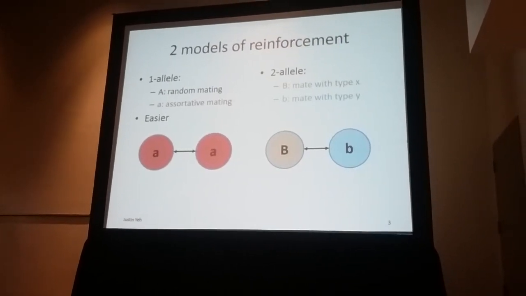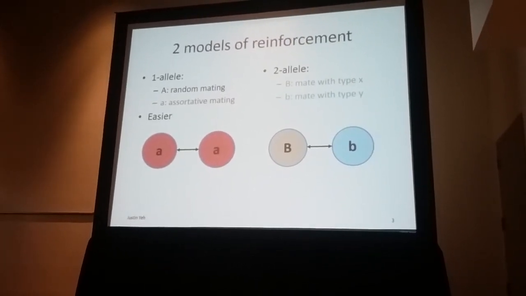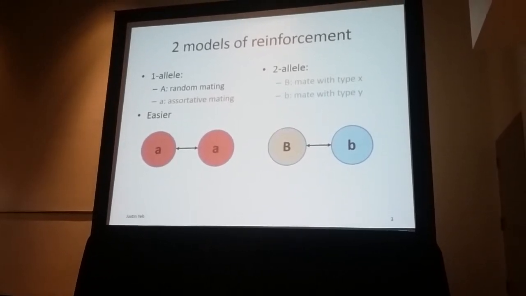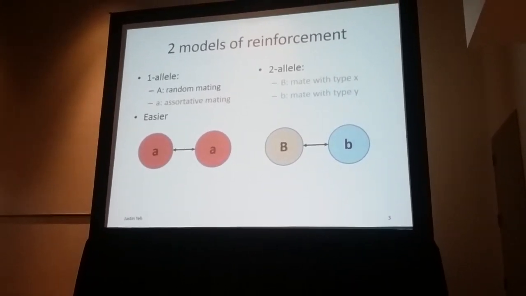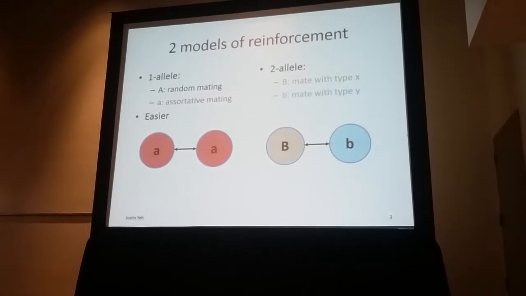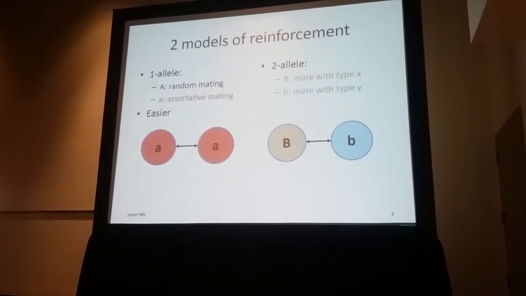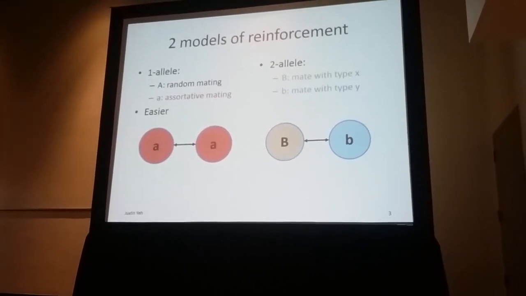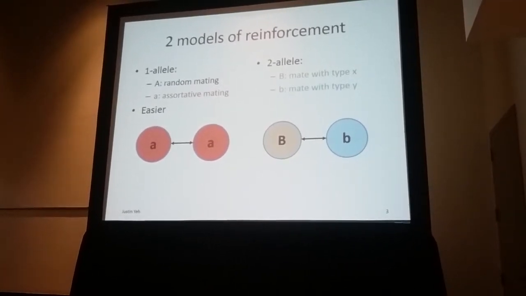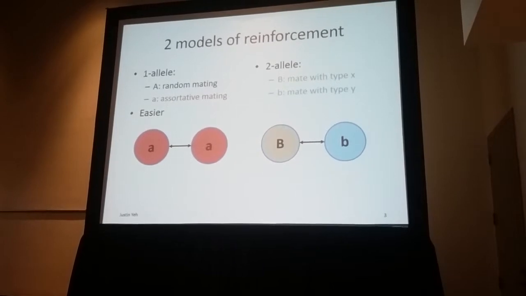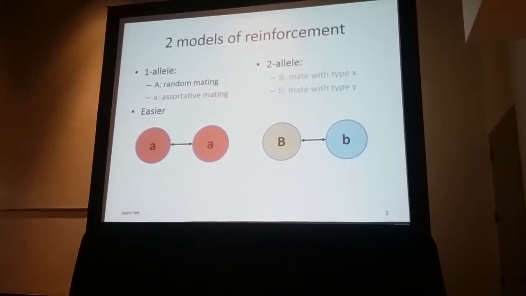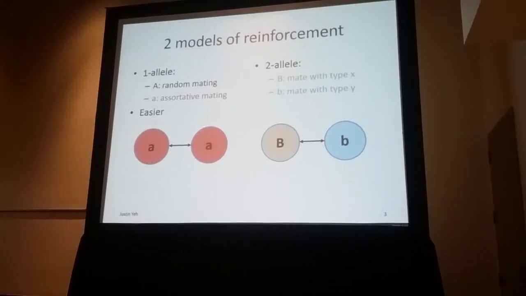And there are two major models of reinforcement, the one allele model and the two allele model. In the one allele model, one of the alleles leads to stronger assortative mating, and by spreading that allele, it allows reinforcement to occur. In contrast, in two allele models, the two alleles are leading to different mating tendencies, for example, different preferences, and so the X and Y could be anything.